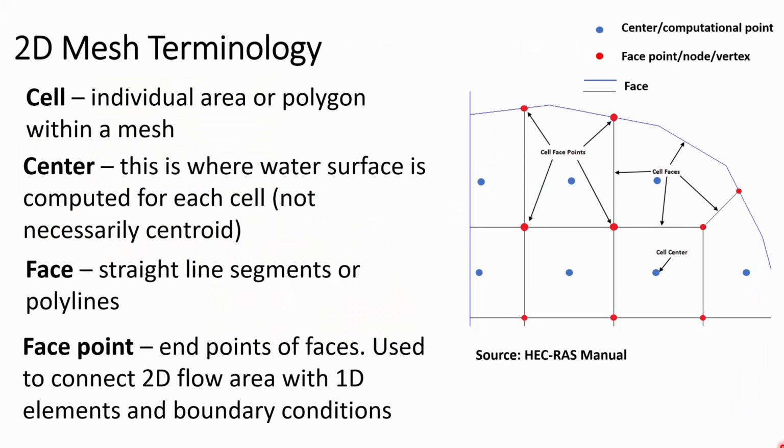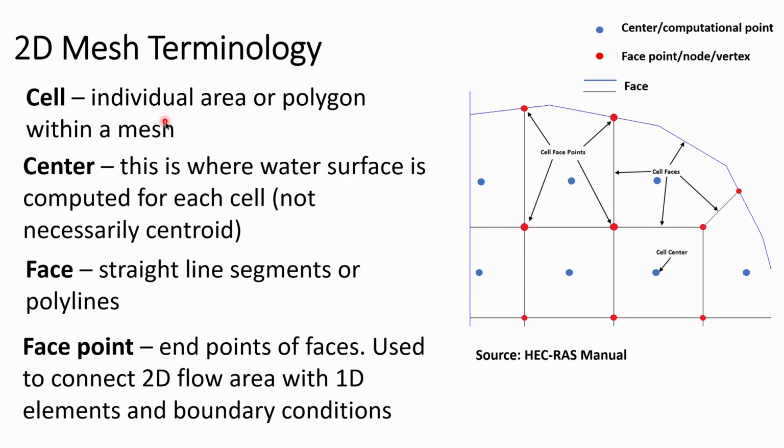Now, before we learn about the equations that are used in 2D HEC-RAS, let's learn a little bit about the terminology that we use when we create a mesh. So what you see on the screen is a mesh, and we have 1, 2, 3, 4, 5, 6 cells. Each polygon that you see here is a cell.